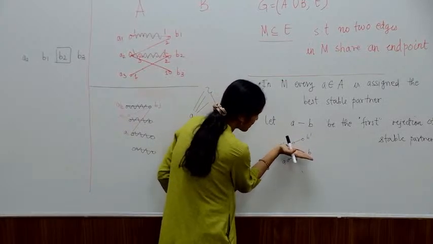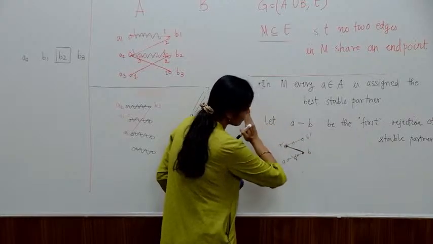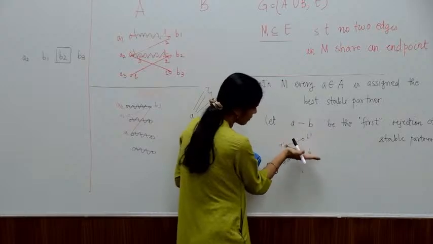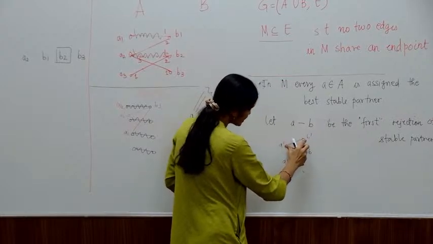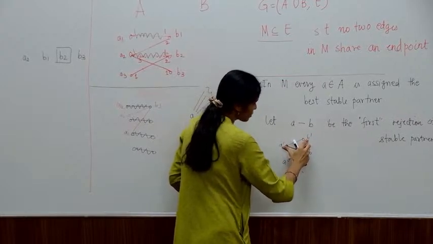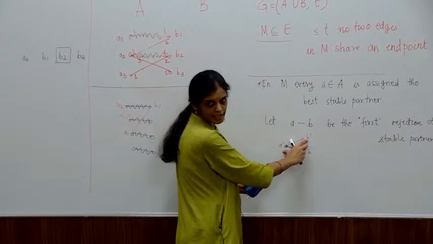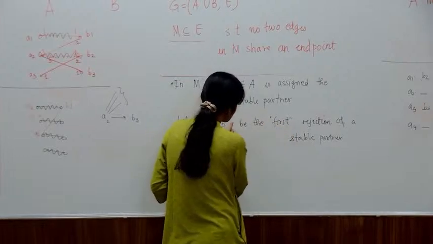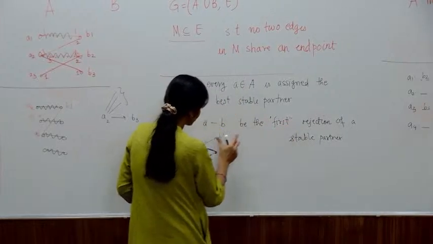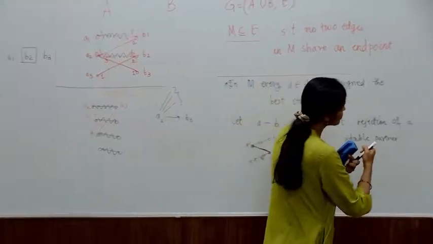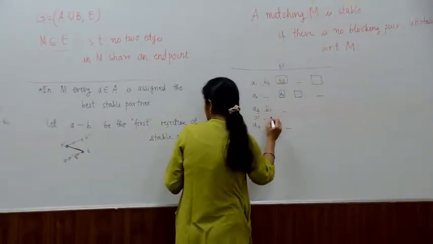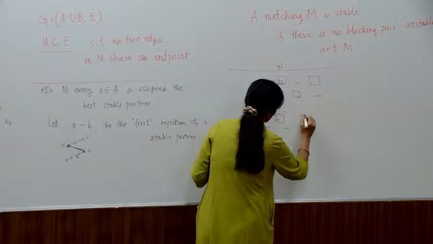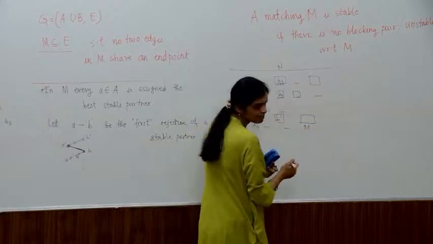But if A prime has applied to B, it means that A prime has applied to everybody higher preferred before A prime can apply to B. It means that A prime must have applied to B prime and got rejected in our algorithm, which refutes the claim that this AB was the first rejection of the stable partner, because then we have shown you an A prime which gets assigned to B prime, which has a box better than what is produced by M.